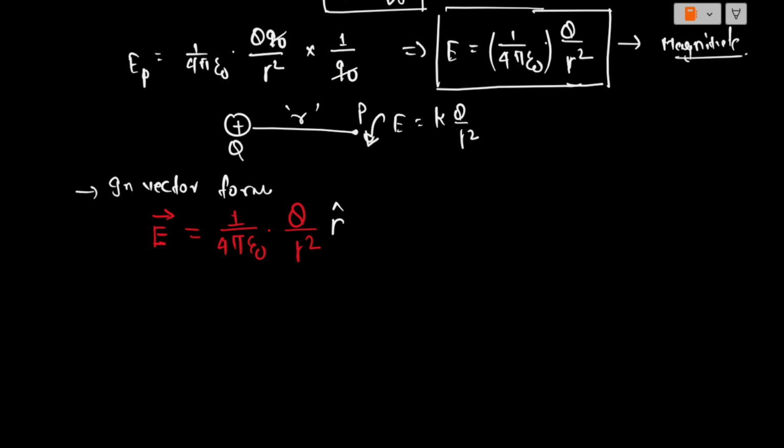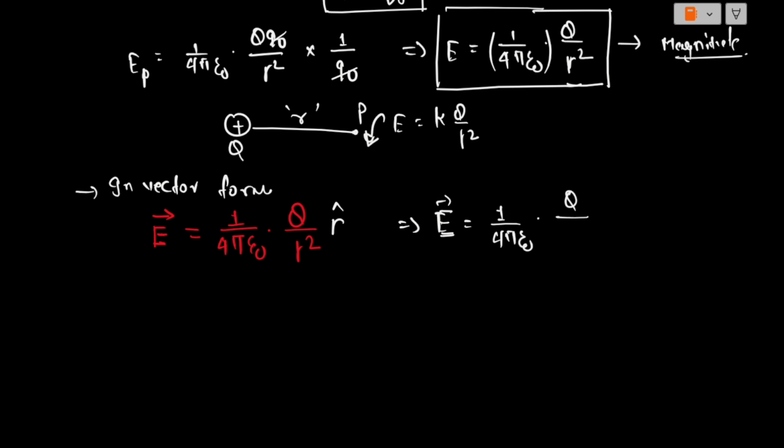Now we can also write the electric field vector as equal to 1 over 4 pi epsilon naught Q over r square, and we can multiply it by the r vector as well.